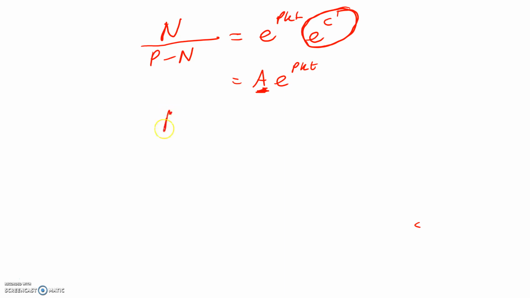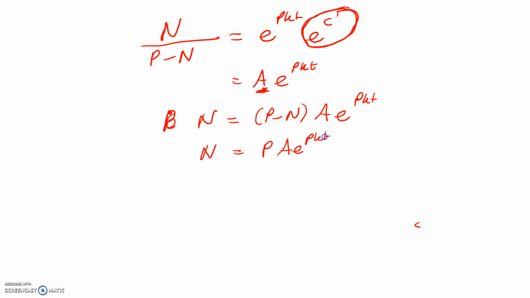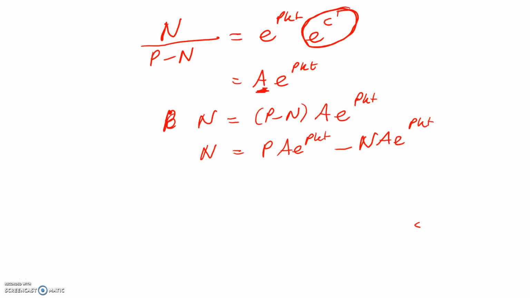So we can multiply through, N is equal to P minus N times A e to the Pkt. So N is equal to PA e to the Pkt minus N A e to the Pkt. Right, what I'm doing here is I'm trying to get everything that's got N in it over to one side of the equation.